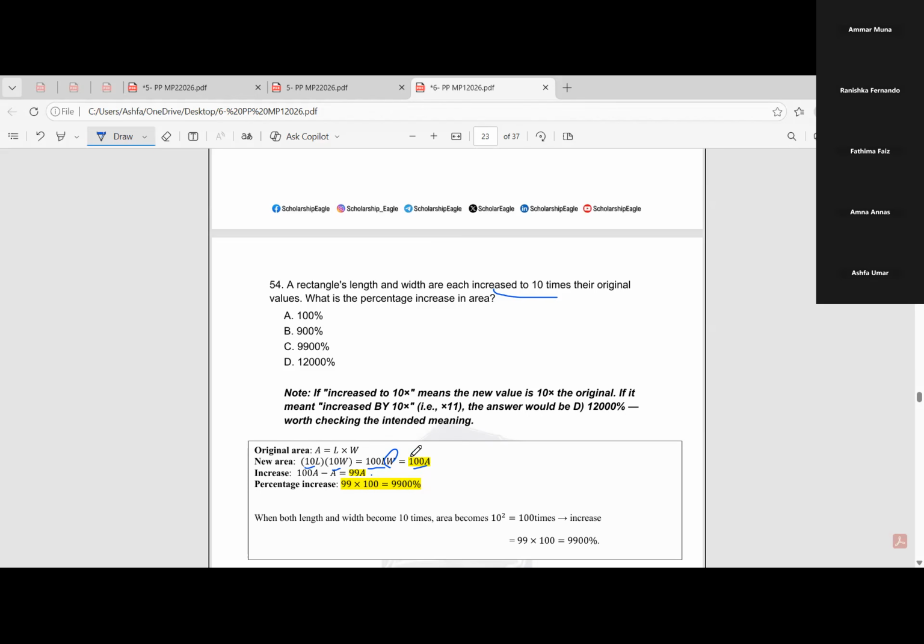So the area depends on both length and width, and both become 10 times larger. That's why we are taking 10L and 10W. When both increase 10 times, the area increases 100 times, and the percentage increase in area becomes this way.